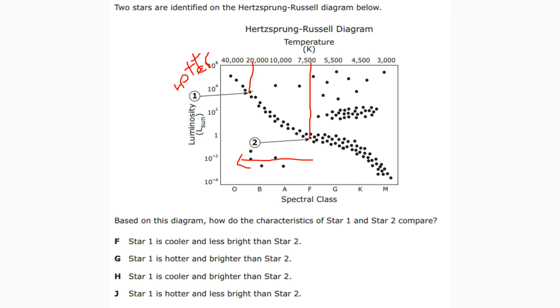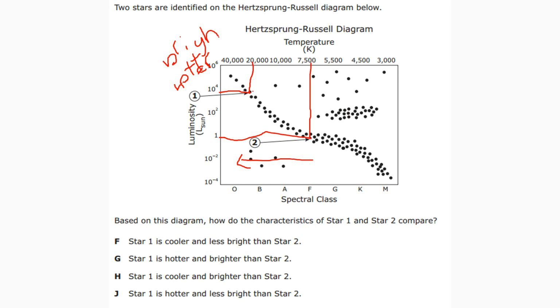Now let's look at brightness. So brightness increases as you go from the bottom to the top. Star 2 has a brightness of about 1, and star 1 has a brightness of about 10 to the third power, which is more. So this star would be brighter as well.